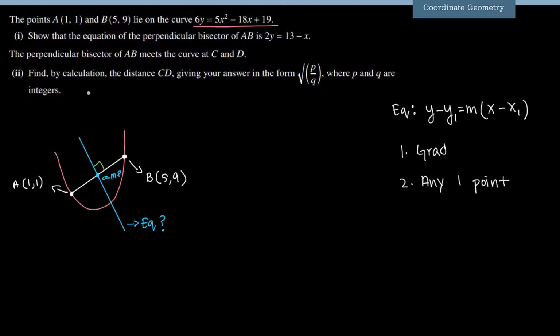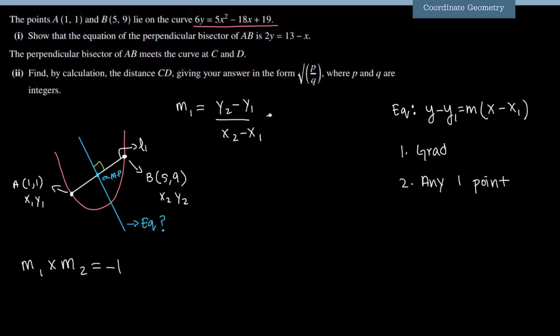What I can use is the relationship between these two perpendicular lines. You know that when two lines are perpendicular, the product of their gradients is equal to minus 1. I can find the gradient of this white line by using the formula. So let's say that this is line 1. So the gradient of line 1 I am going to denote as m1. It's going to be equal to y2 minus y1 divided by x2 minus x1. If this point is x1, y1 and this is x2, y2, the gradient would be equal to 9 minus 1 divided by 5 minus 1.